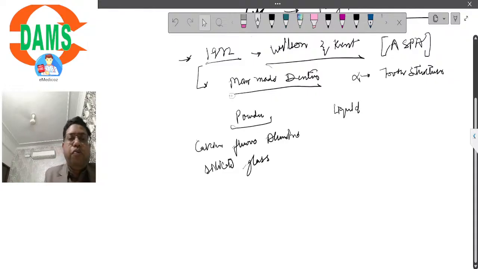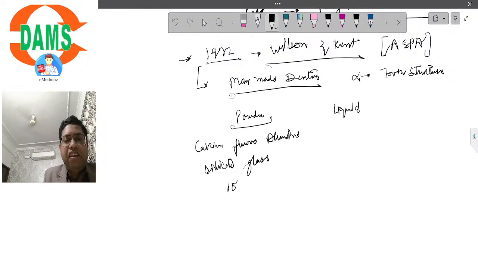The powder particles are in the range of 15 to 50 microns.